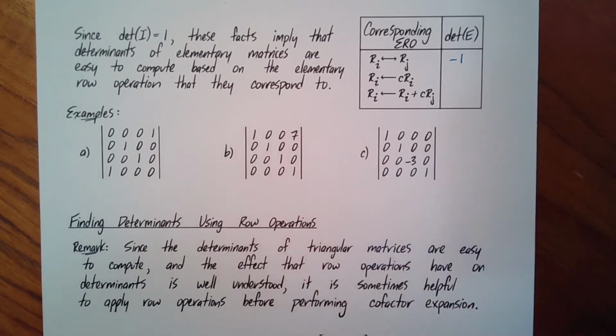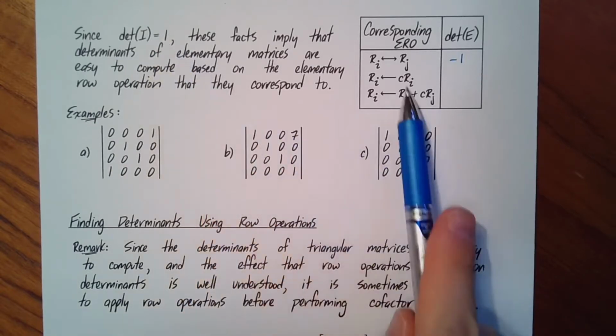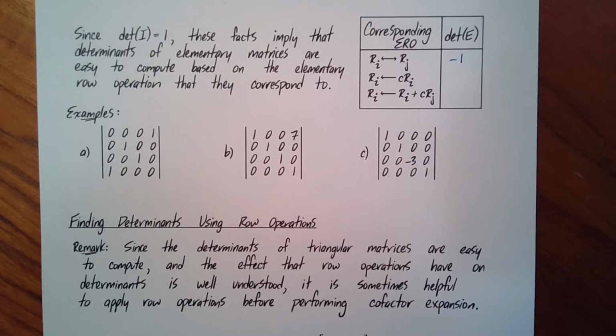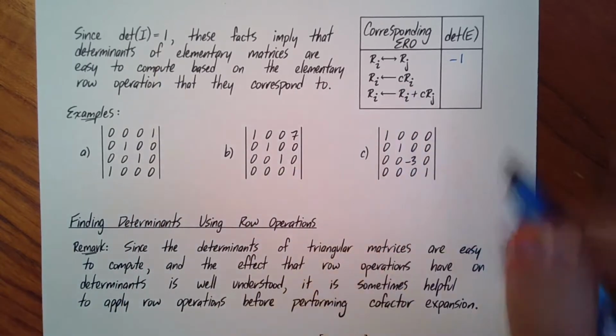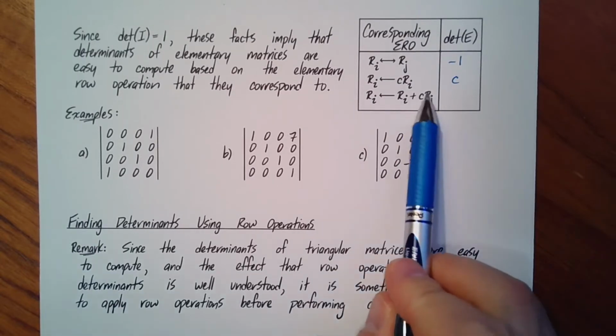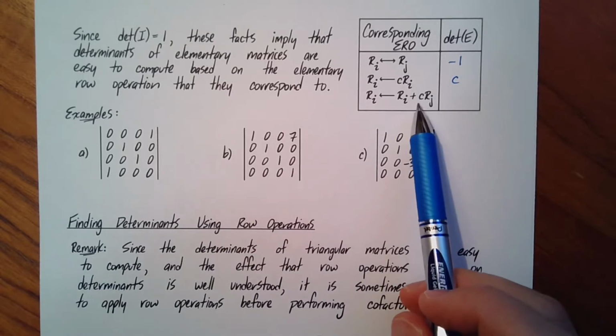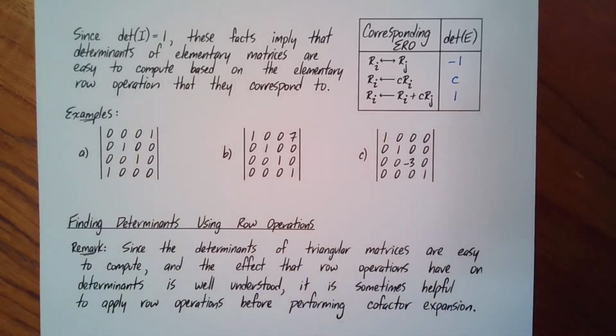Remember, multiplying a row by a non-zero constant C has the effect of changing the determinant by exactly a factor of C. So if your original determinant was 1 and E can be obtained from the identity by multiplying a row by a non-zero constant C, then the determinant of the elementary matrix that corresponds to this operation is just going to be 1 multiplied by C, which gives you, of course, C. And lastly, since adding or subtracting a multiple of one row to another doesn't change determinants, the determinant of an elementary matrix that corresponds to this operation is going to be exactly the same as the determinant of the identity matrix, which is 1. So that's how we can fill this in as positive 1.